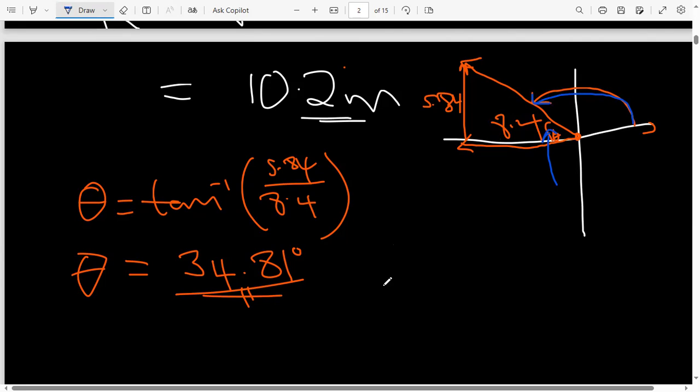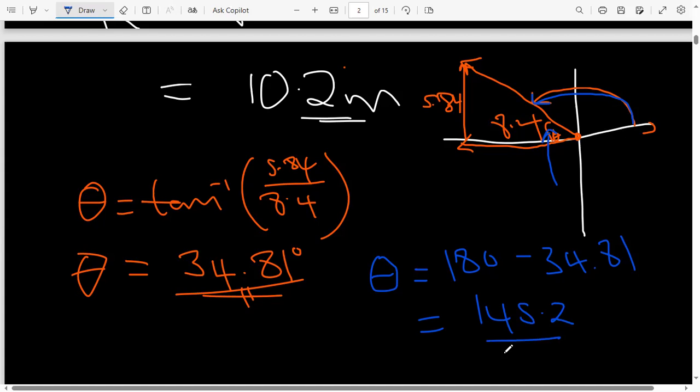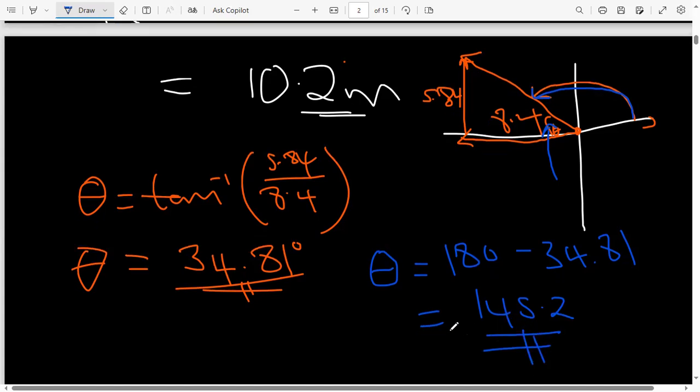We're just going to say the angle that we want to find is equal to 180 minus this angle that we have just found. Then you punch this onto your calculator, and it gives you 145.2 somewhere there. So this is the direction that we are interested in.